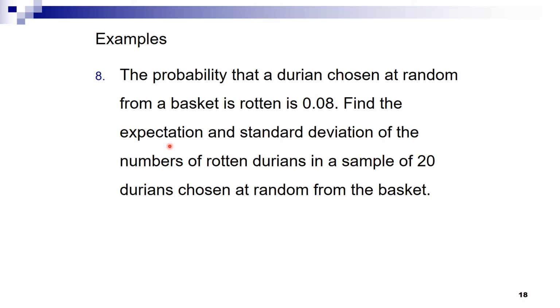Find the expectation and standard deviation of the number of rotten durians in a sample of 20 durians chosen at random from the basket. Try to extract the information in the question. Let's define our x as the number of rotten durians. We are given a sample of 20 durians, and the probability of choosing at random a durian that is rotten is 0.08.